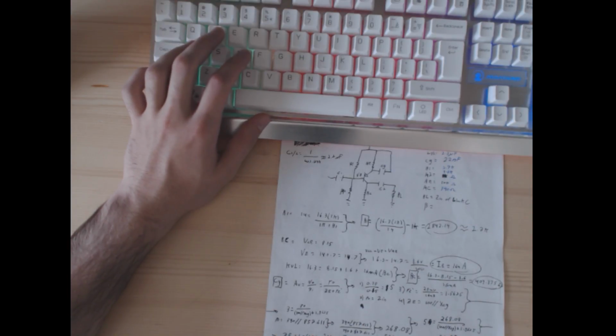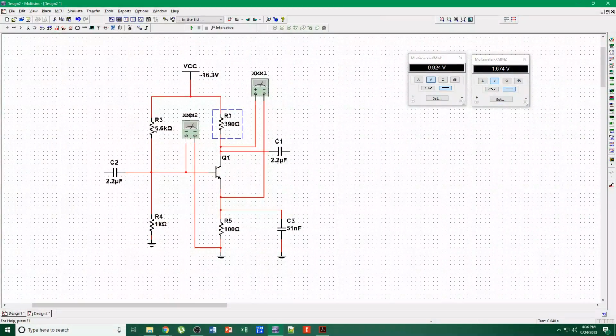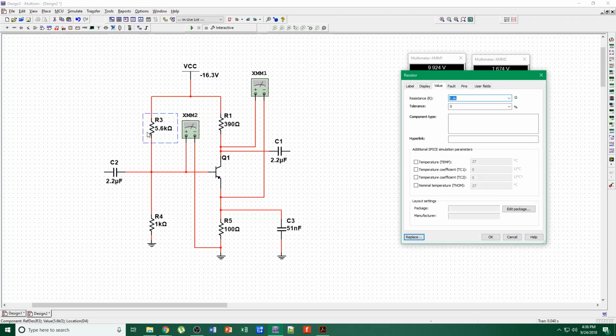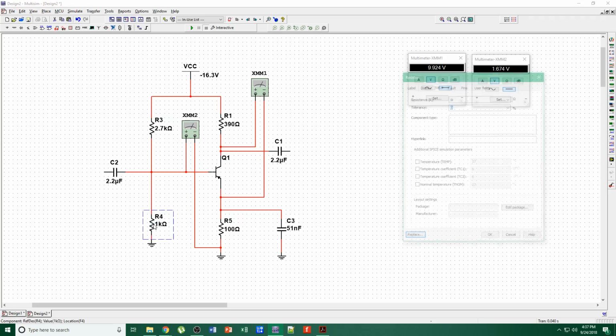390, so that doesn't change. This resistor becomes 2.7. It's working backwards, I'm confused. I'm going to put 2.7K while this is 3.3.